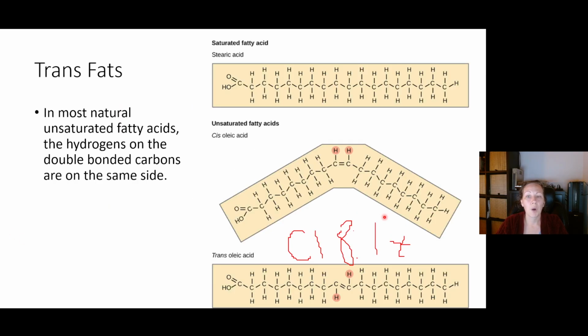It's called partial hydrogenation, and basically all they're doing is just moving the hydrogens around. In this way, they can use unsaturated fat and give it the physical properties of a saturated fat and still call it unsaturated fat. So this is how margarine used to be made, using vegetable oils that were partially hydrogenated to make them harder.